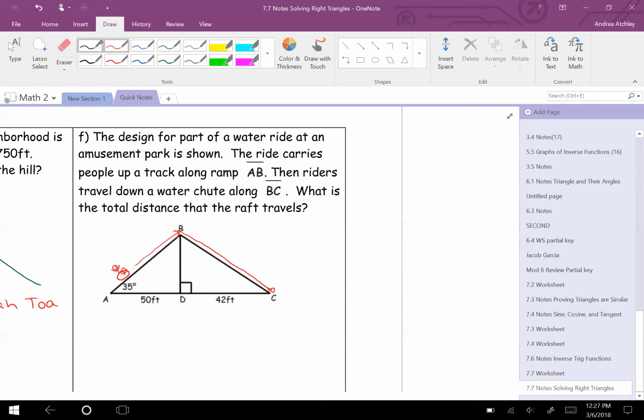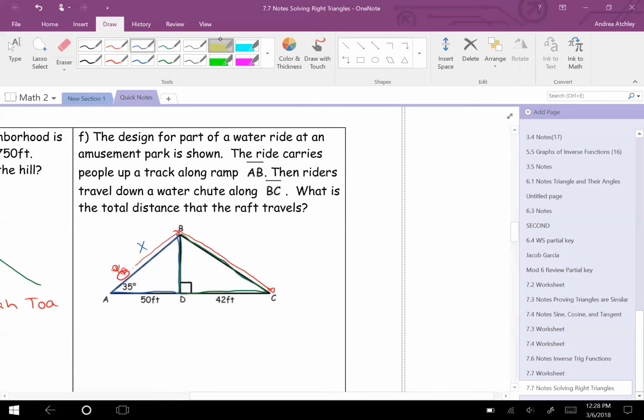So notice I have two triangles. I have this triangle, that is a right triangle, and I have this triangle, that is a right triangle. So I can find this side, AB, to find that length. Then I can come find BC along the next part. So let's start by finding AB.